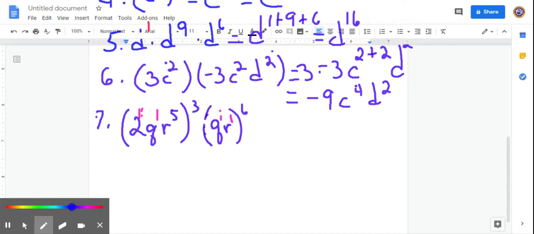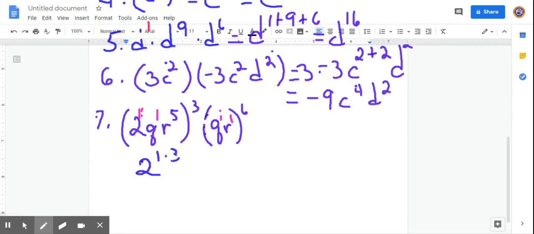So when you have a power to a power, you keep the base, so keep the base 2, and you multiply the exponents 1 times 3. You keep the base q, and you multiply 1 times 3. You keep the base r, and you multiply the exponents 5 times 3.